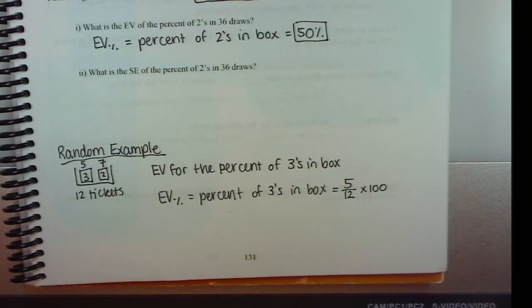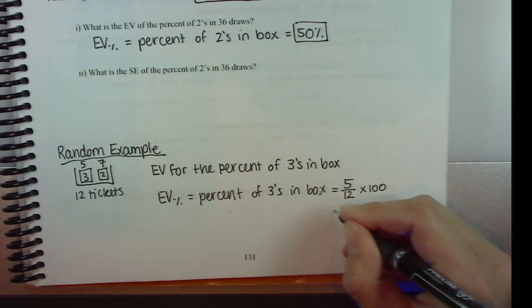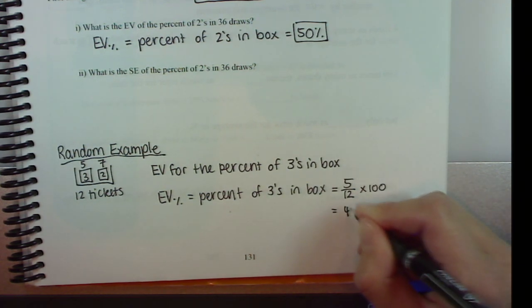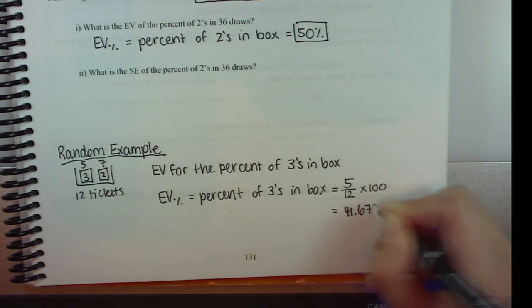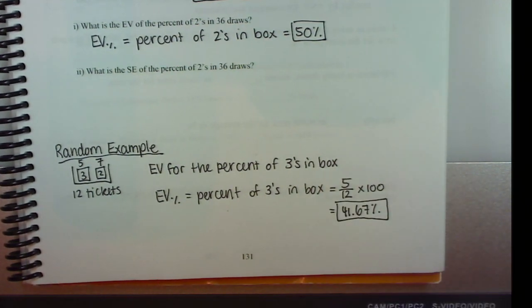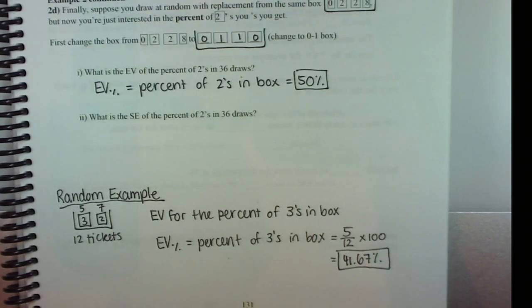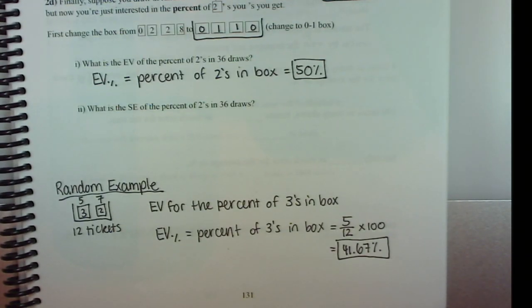So if you have a fraction that isn't like 1 over 2, something really easy, or like 1 over 4 that you can simplify, you can just put in your calculator 5 out of 12 times 100, and I get 41.67%. So that one's a little more complicated. So I just wanted to show an example that wasn't 50-50, just so you guys know you can take a fraction, multiply it by 100 to turn it into a percent.